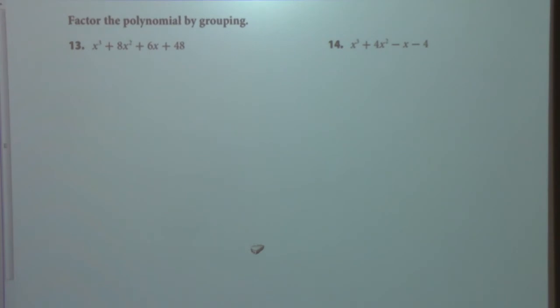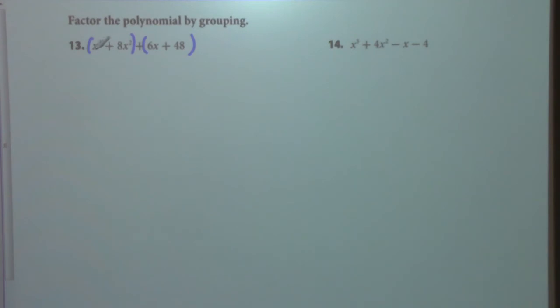How's that? Now, for this first one here, you're going to take each of these groups and consider them separately. So in this first grouping here, what is going to be our greatest common factor?